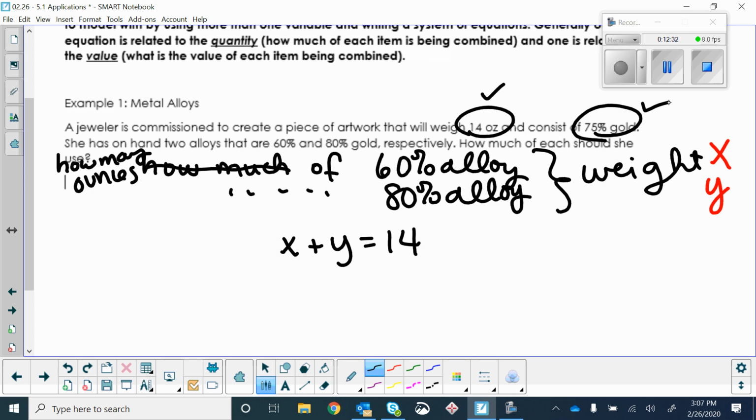How much gold do you need? 60% of this is gold. So how much gold is in there? How many ounces of gold? What math would you do? Which math operation?